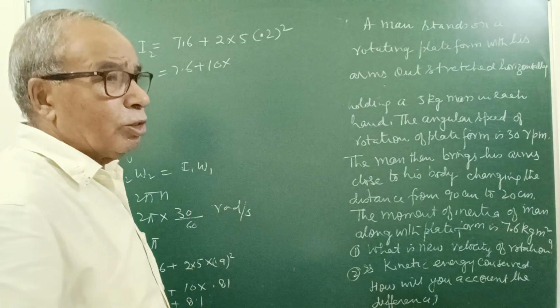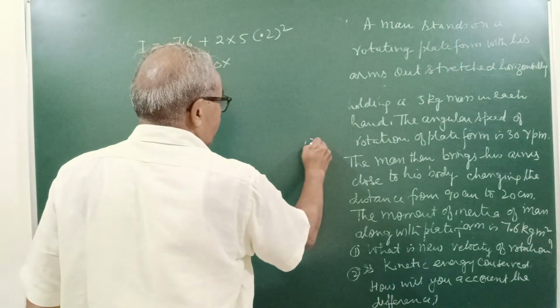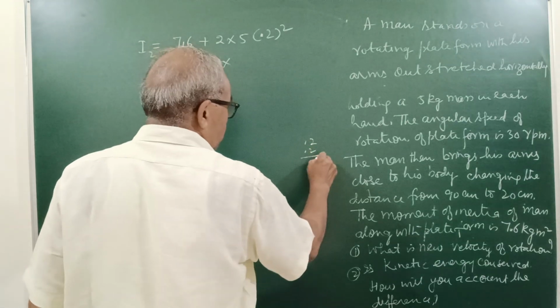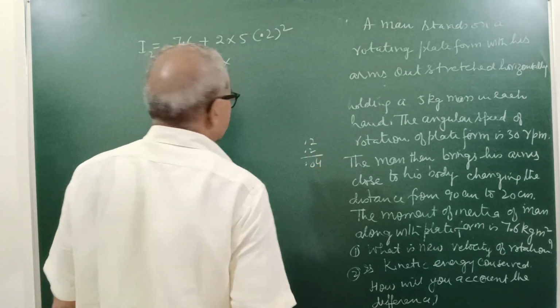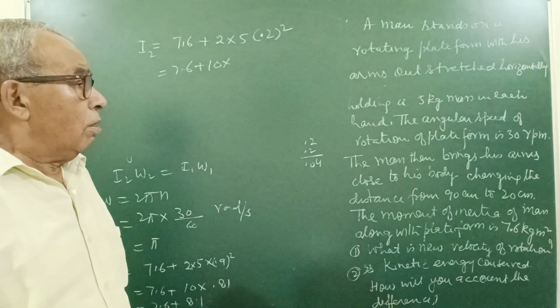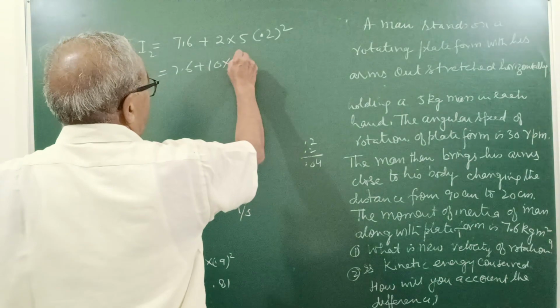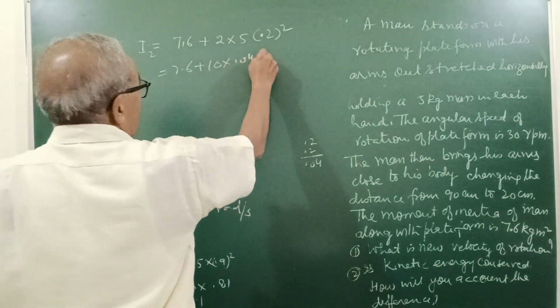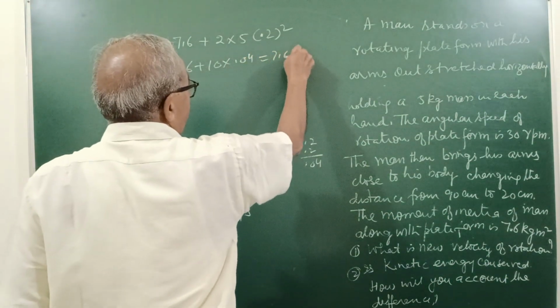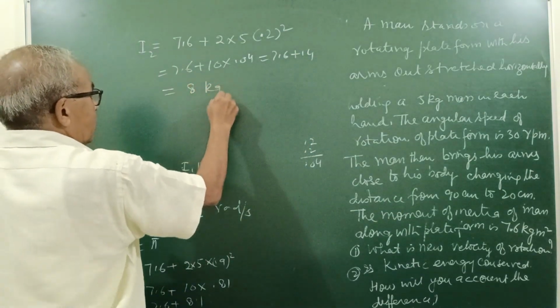Students make a mistake here, they take it as 0.4. 0.2 means 0.2 into 0.2, which is 0.04, 4 after 2 decimals. Be very careful. I will tell you the mistakes which we make. So it is 7.6 plus 0.4. It is 8 only. 8 kg m².